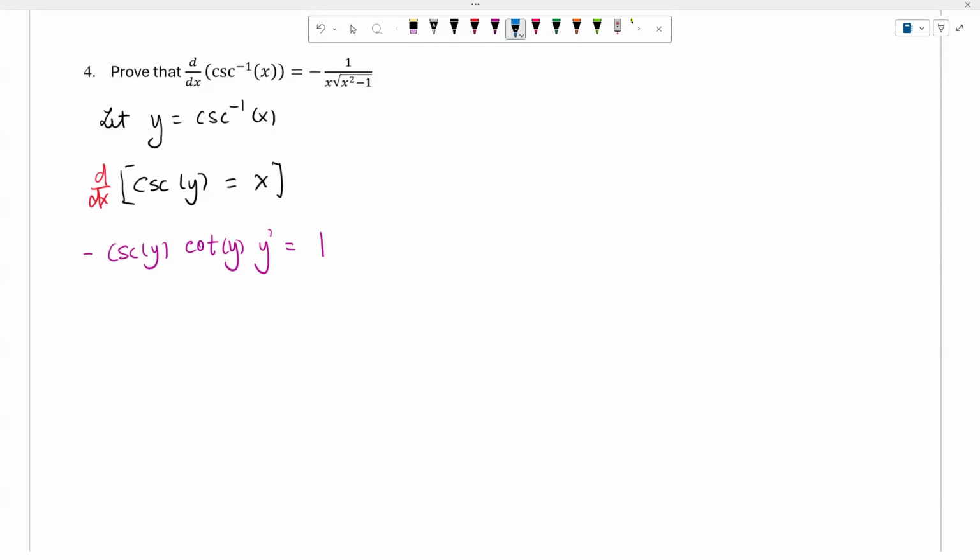And again, the next step is we solve for y prime. So I have 1 over negative cosecant y cotangent y.